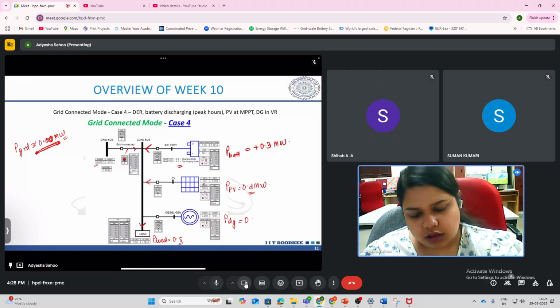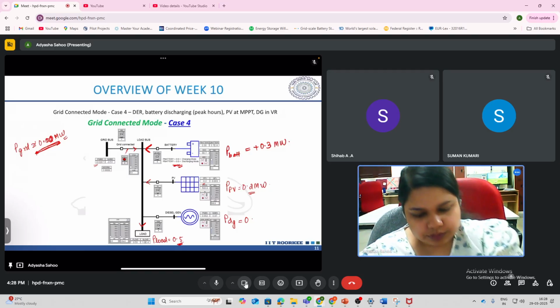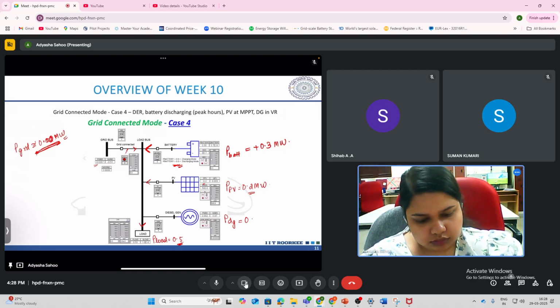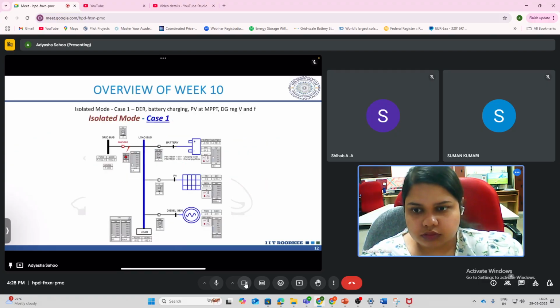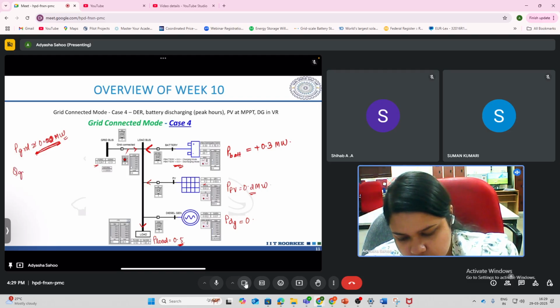It is injecting the power required to supply this 0.5 megawatt load since the PV is at 0.2 megawatt. We had also seen that if this is positive, it is in discharging mode. Another thing here: although the P grid is 0, the Q grid is non-zero. Q grid is minus 0.5 megawatt, meaning it is absorbing reactive power.